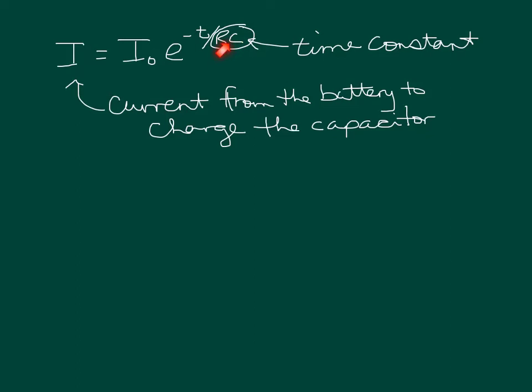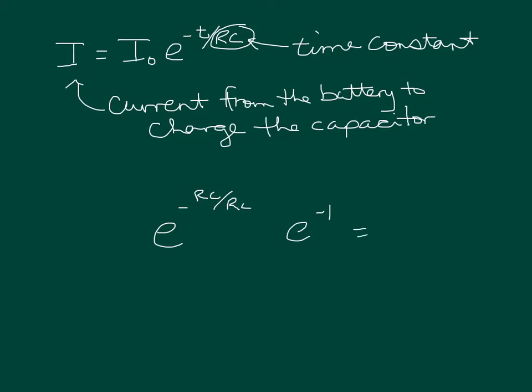And one of the really interesting properties of RC is if we look at this, let's say that our time is one time constant. So we have RC over RC. That's e to the negative 1.